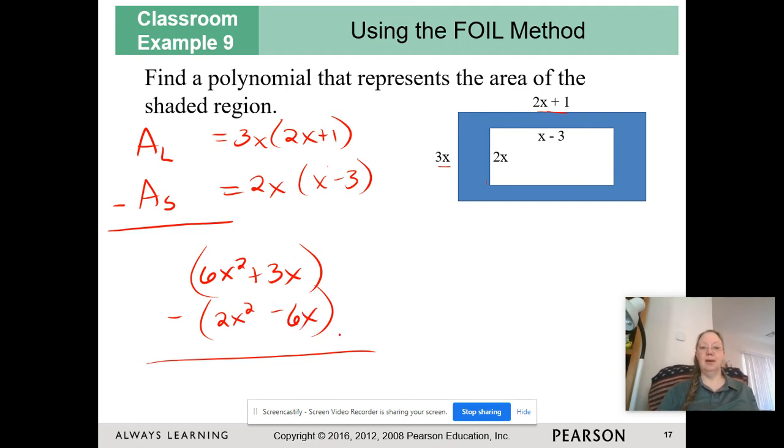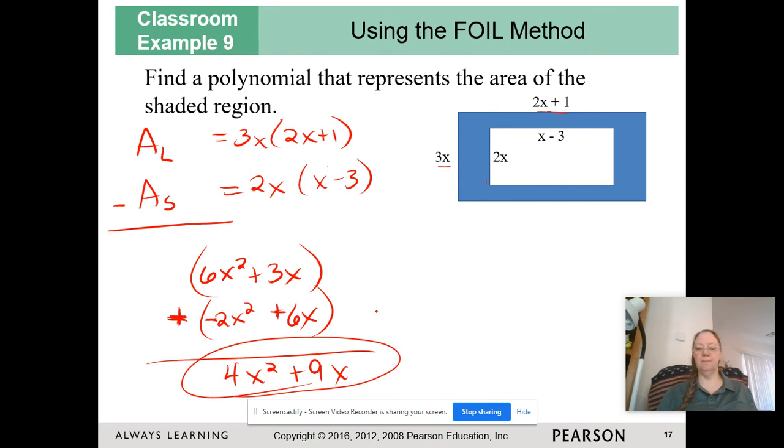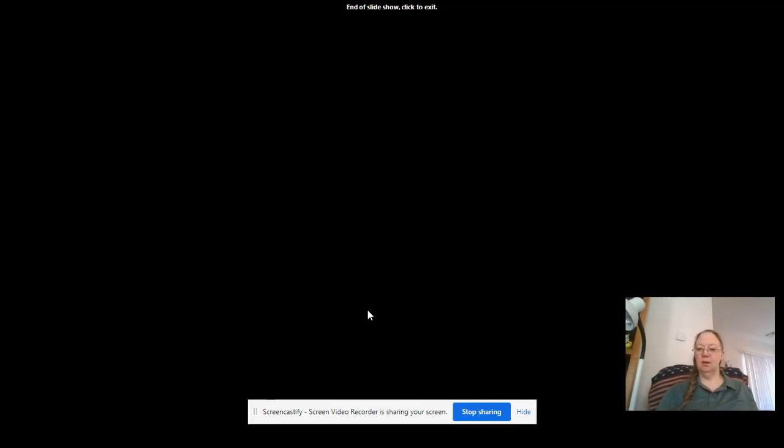Now remember, when we subtract, what we do is we distribute the negative. In other words, we change the signs and add. Change the signs and add. So I have 4x squared plus 9x will be the final answer. All right, and that is the last example.